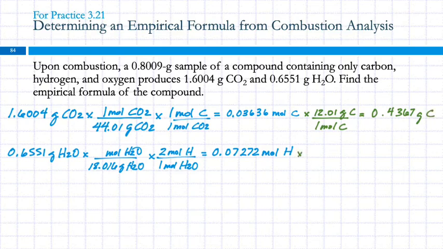And converting moles of hydrogen, 1.008 grams of hydrogen per mole of hydrogen, 0.07272 times 1.008 equals 0.07330 grams of hydrogen.